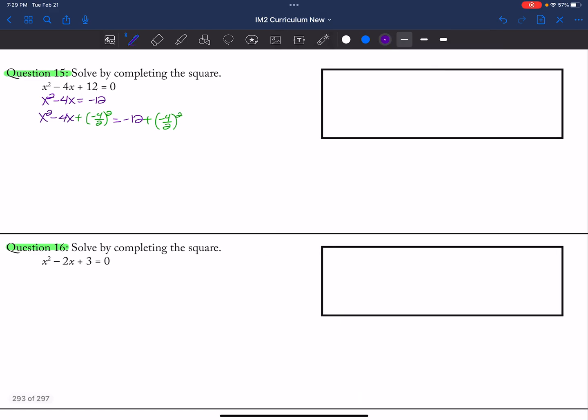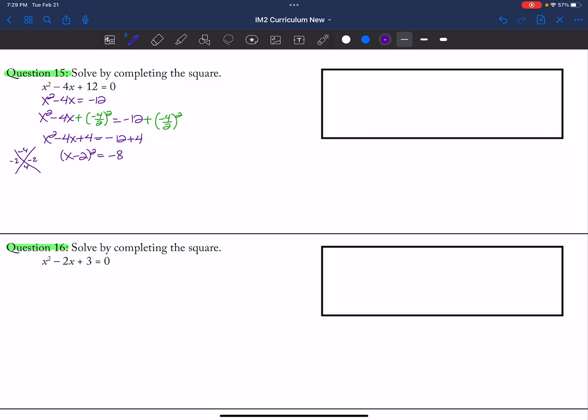So then I get x squared minus 4x plus 4 is equal to negative 12 plus 4. So I get, just kidding. I have here negative 4 and 4, so negative 2 and negative 2. So x minus 2, the quantity squared, is equal to negative 8.